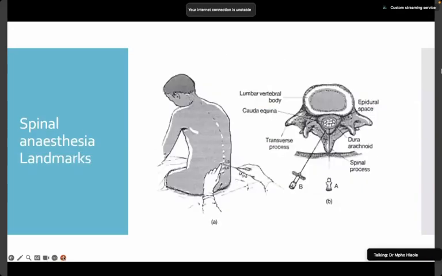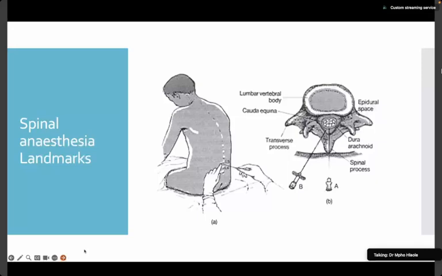Next slide. Okay. So with spinal anesthesia, obviously the positioning is the same as for the epidural space. You can either have them lying or sitting. And in both, we know the supraspinous.